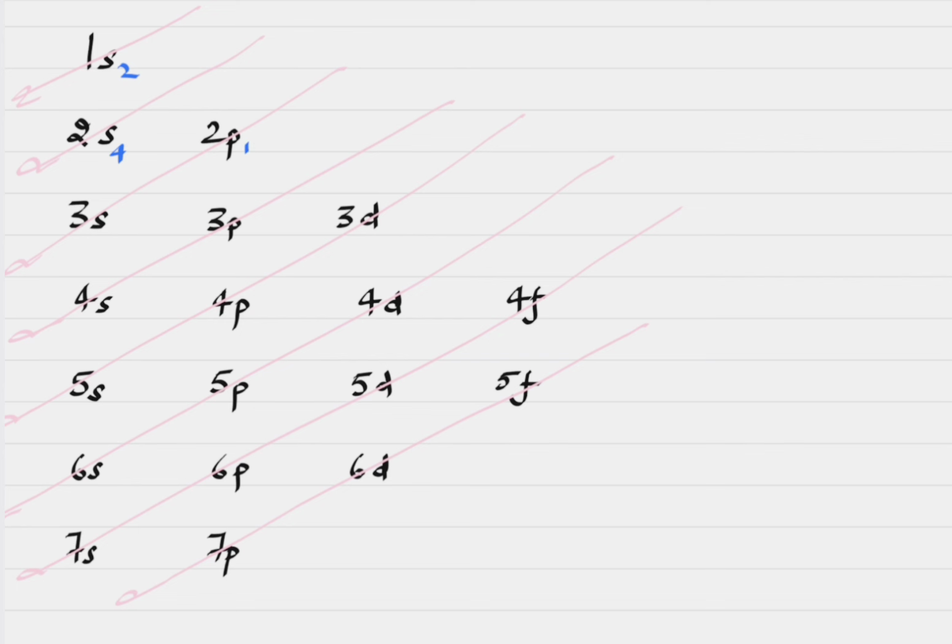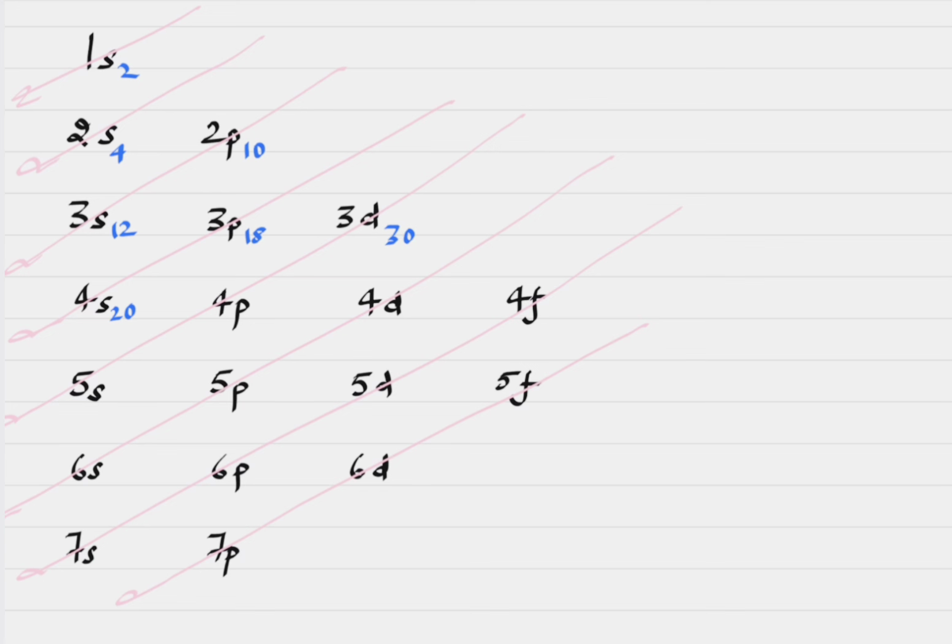By atomic number 10, 2p is completely filled. Then by atomic number 12, 3s is completely filled. Then we will move to 3p. Since p has 6 electrons, 12 plus 6 would be 18. Then we will not move to 3d, we will move to 4s. That would be atomic number 20, by which 4s is completely filled.